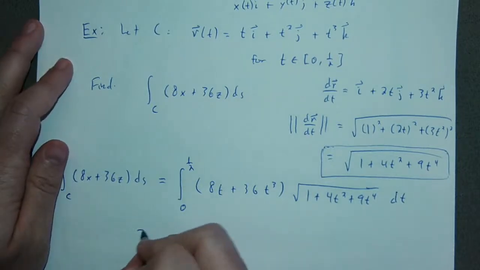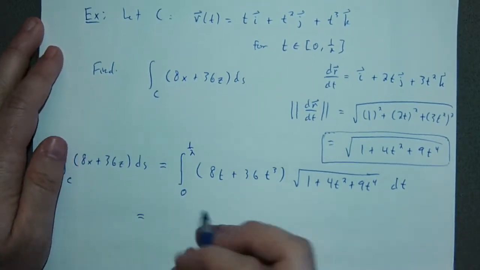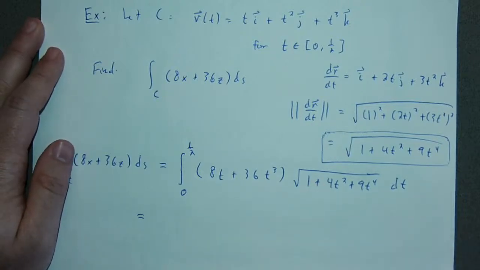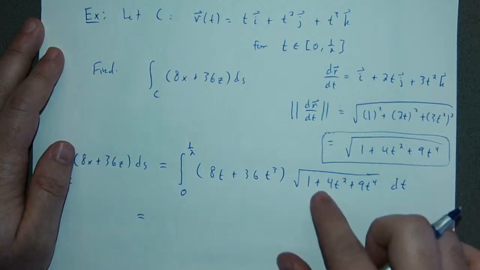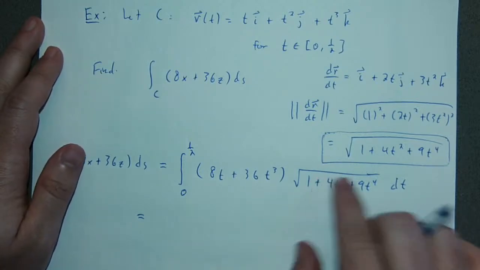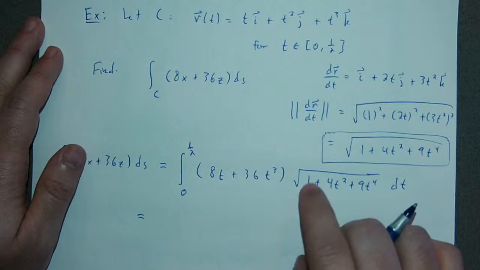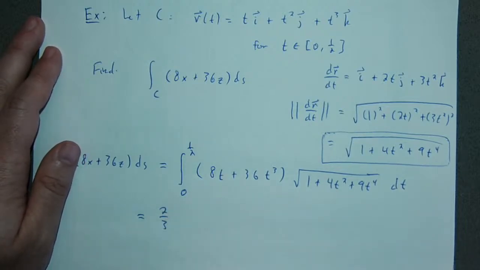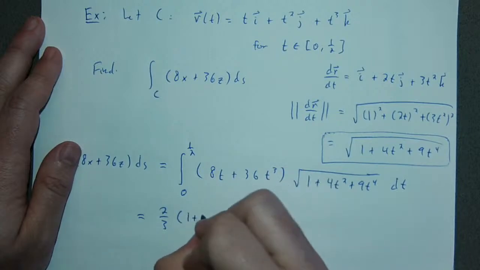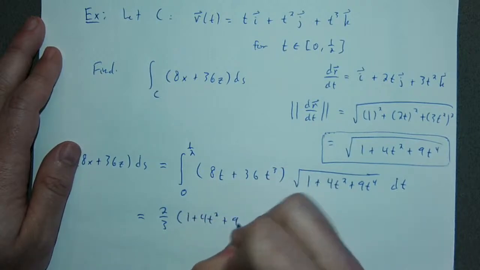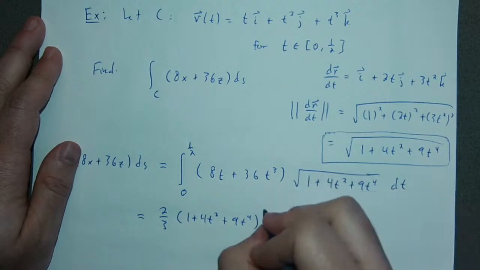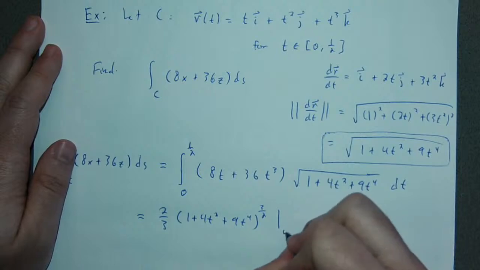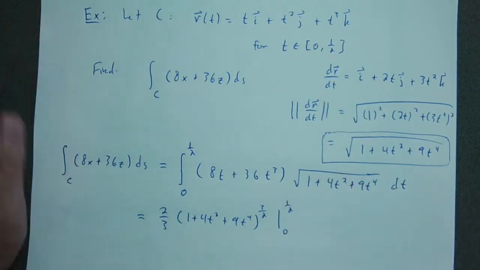All right, so using substitution really quickly, this is going to be u to the 1/2 du, right? And so the integral of u to the 1/2 du is u to the 3/2 over 3/2, so that's 2/3, right? Times 1 plus 4t squared plus 9t to the fourth to the 3/2. Okay, evaluated from 0 to 1/2.